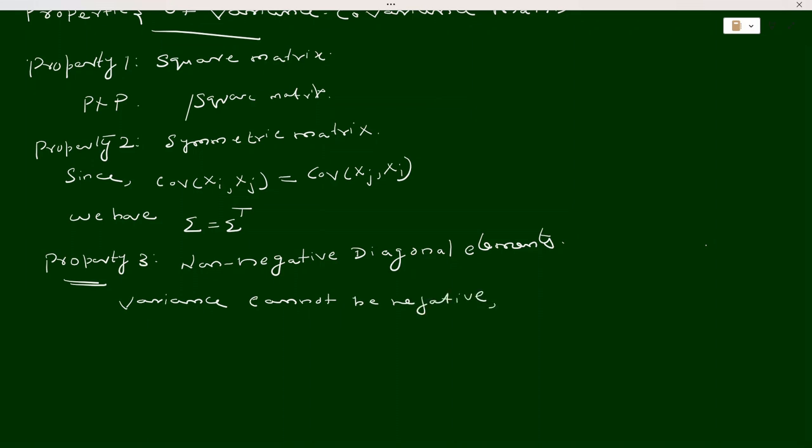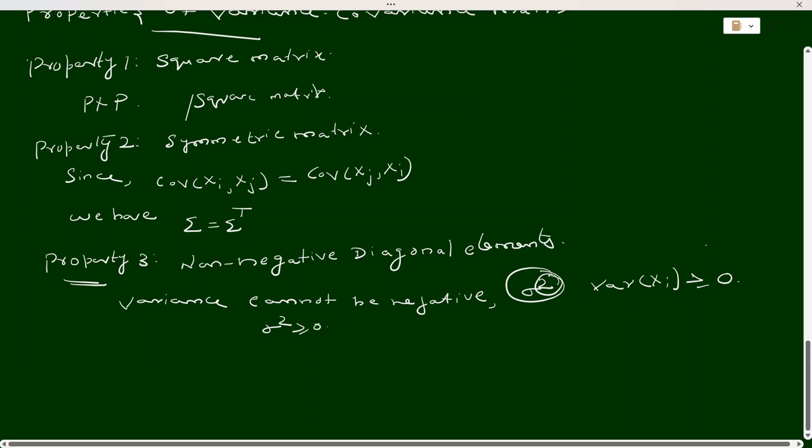Why? Because it is a sigma square. We are squaring it, so we will not get any negative. That is variance of xi is greater than or equal to 0 always. So therefore, the diagonal element satisfies sigma square greater than or equal to 0. Therefore, it has non-negative diagonal elements.